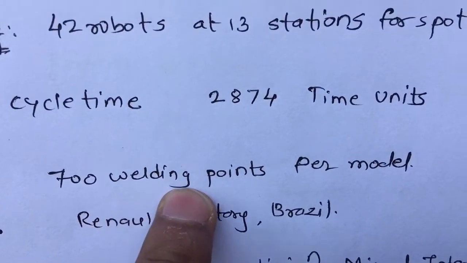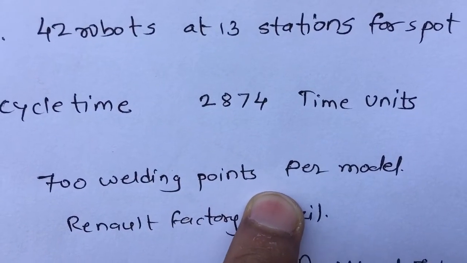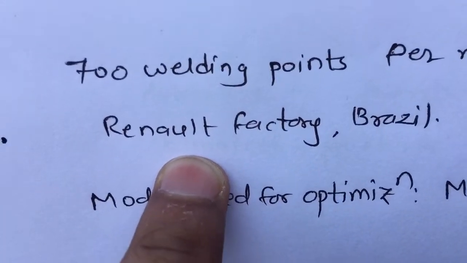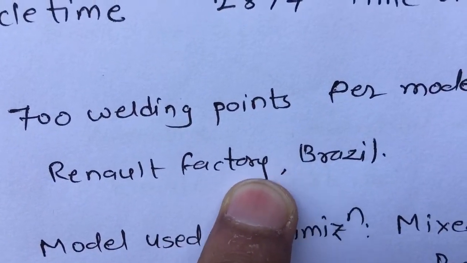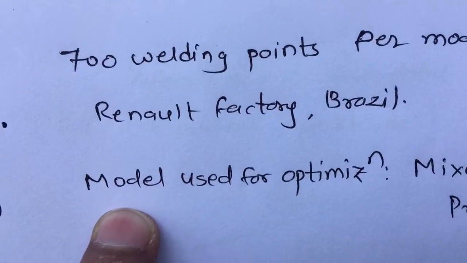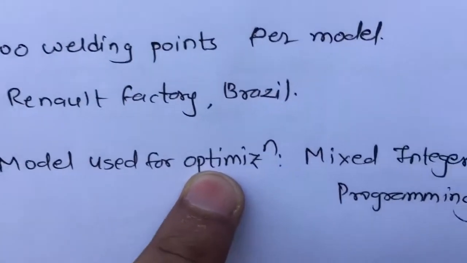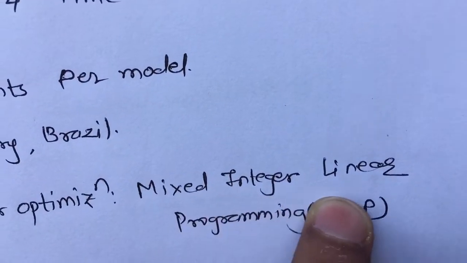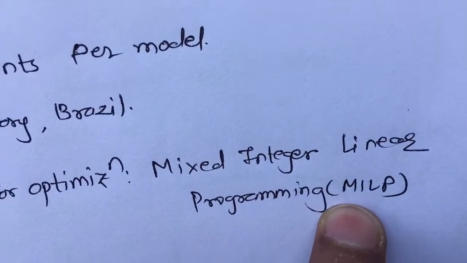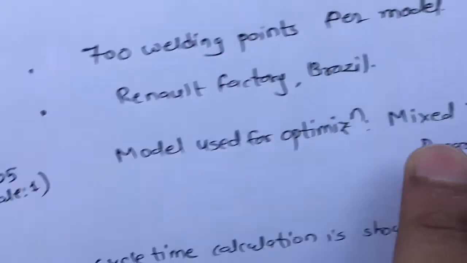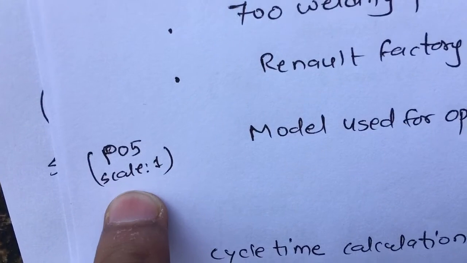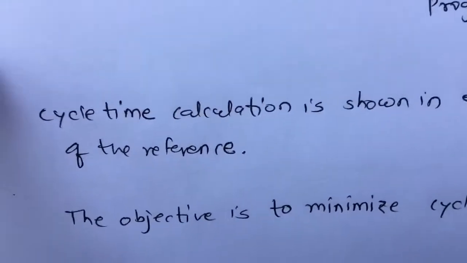There are 700 welding points per model. Now this was done at the Renault factory, Brazil. This case study is done at Brazil. The model used for optimization is mixed integer linear programming. It is called MILP. So this is a part of program outcome number 5, modeling.